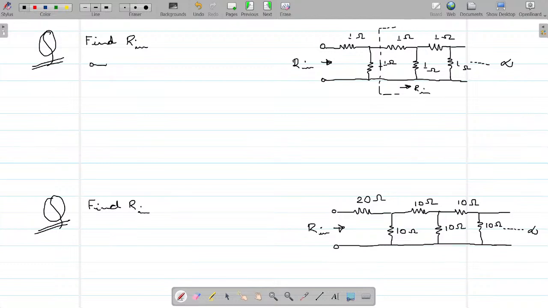So can I write it as R input here, this is 1, this is 1, and this is in parallel with Rin, right? Can I do it?